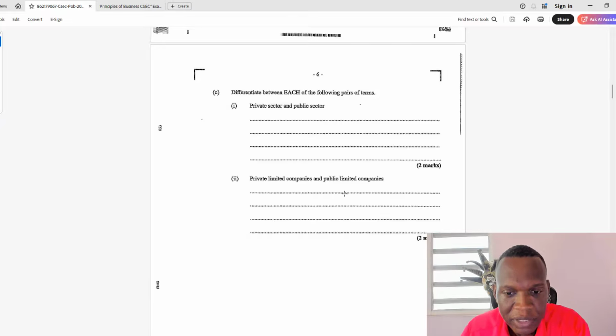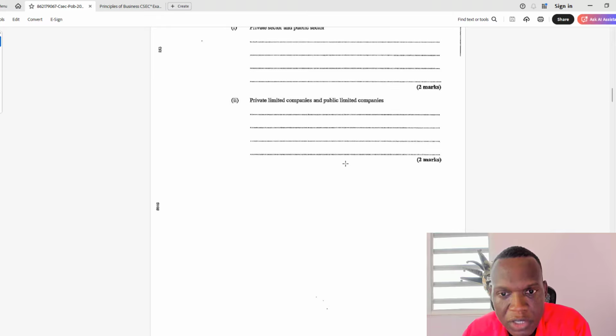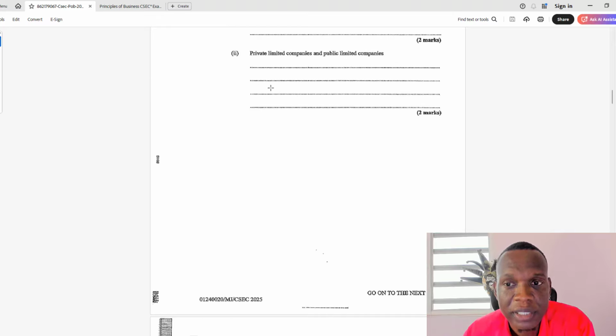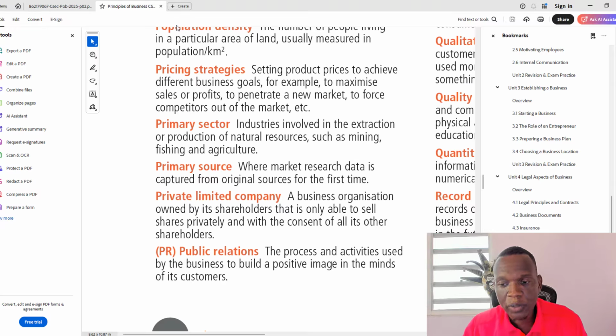All right, private limited companies and public limited companies. So one of the main distinctions here: the private limited company is a company that is not allowed to trade on the public stock exchange. But if you jump to our textbook, let's look at our textbook. It has a glossary.